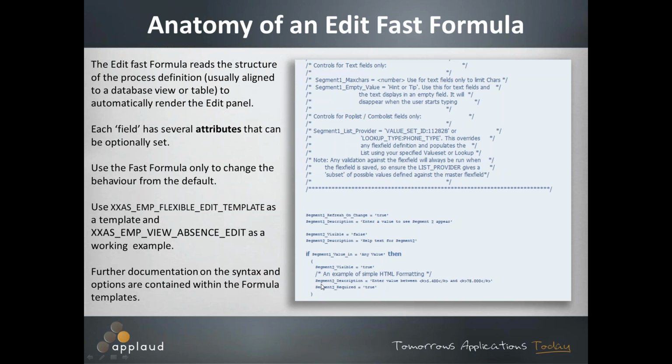And you can set those within the edit formula. Now by default you don't have to set any of them if you don't want to. We'll use our default behavior and you don't have to write a formula at all, which is quite nice. But you do have to write the formula if you want to change the default behavior of our solution.